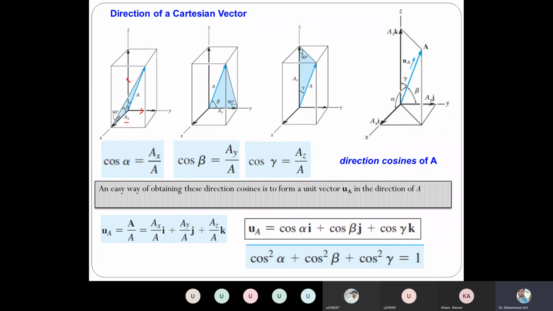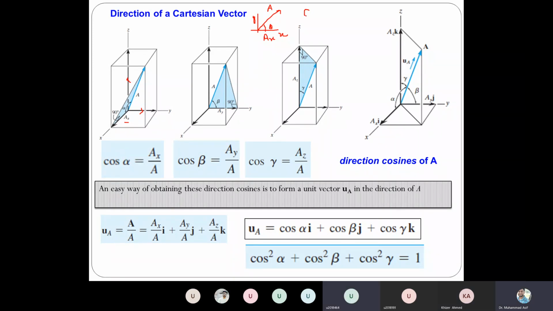And we know that, from 2 dimensions, let's say we have an x-axis and a y-axis, and a vector A at angle theta. What will be the value of AX? AX is A cos theta.